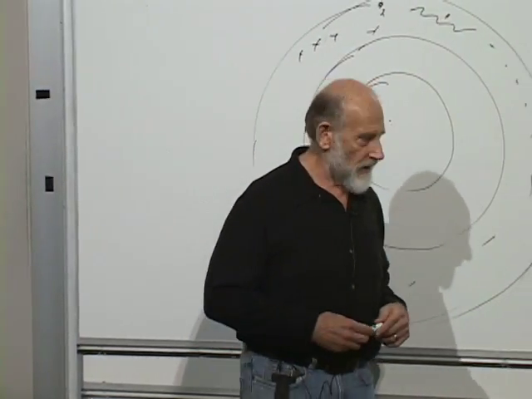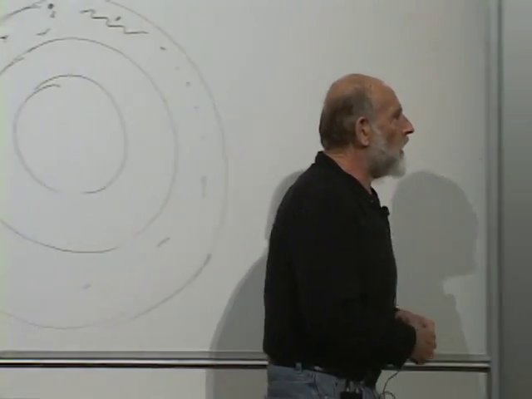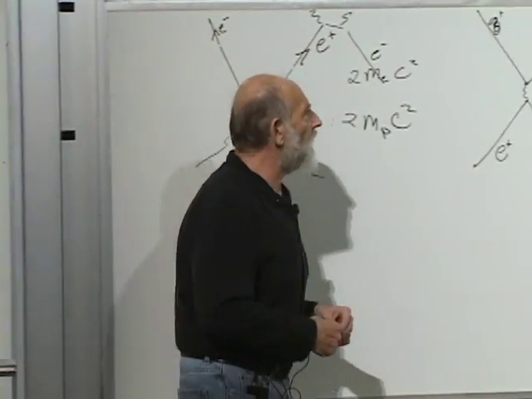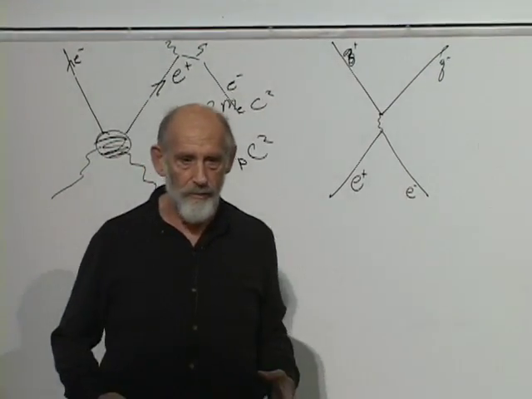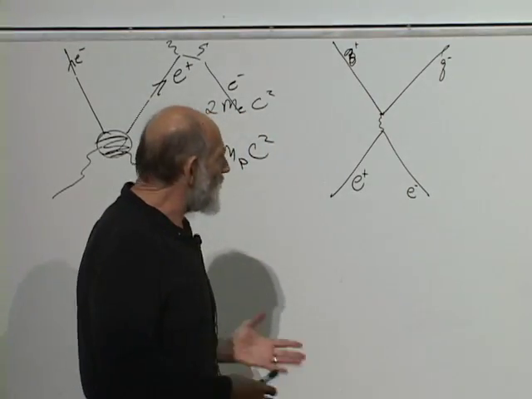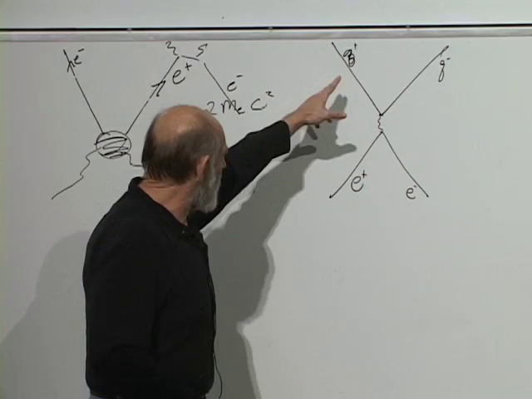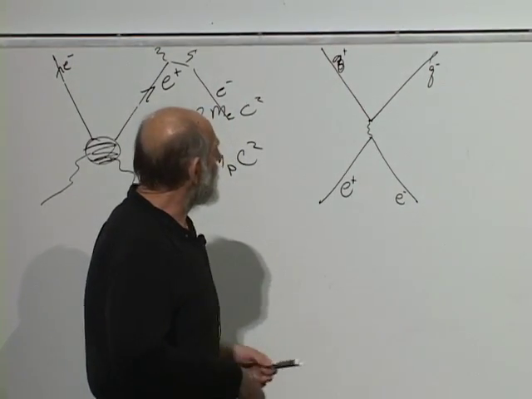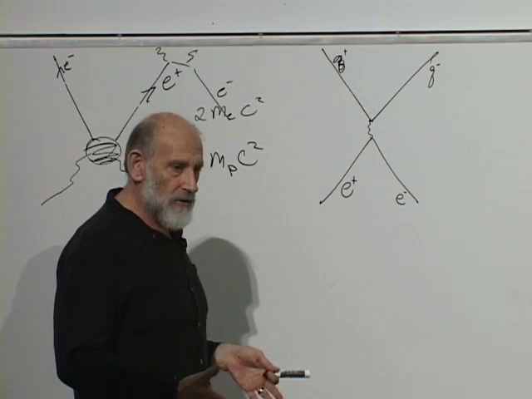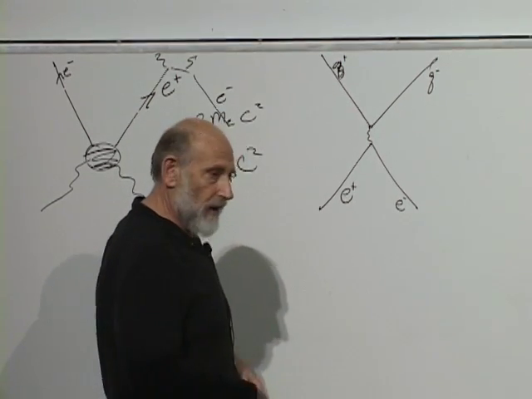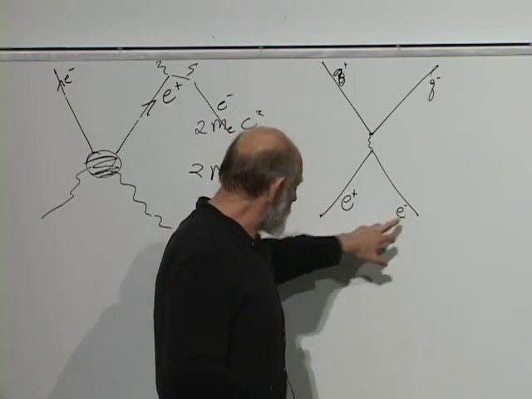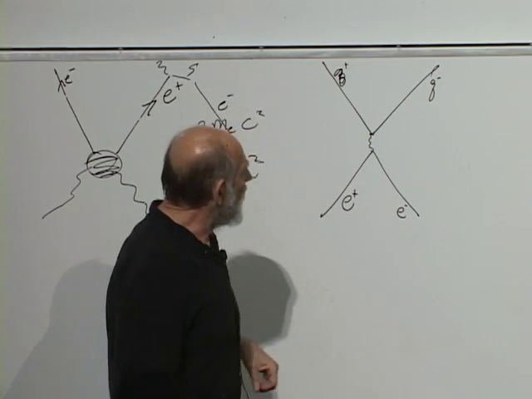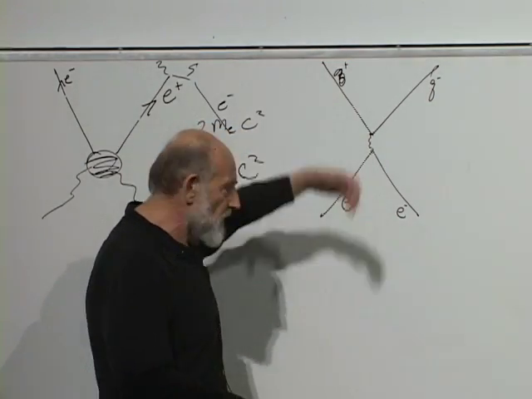All right, so if you get things hot enough, there's going to be a huge density of particles and antiparticles. The particles and the antiparticles will occur in pairs like this, so there will be an essentially equal abundance of positrons and electrons on the one hand, and almost equal abundance of quarks and antiquarks.